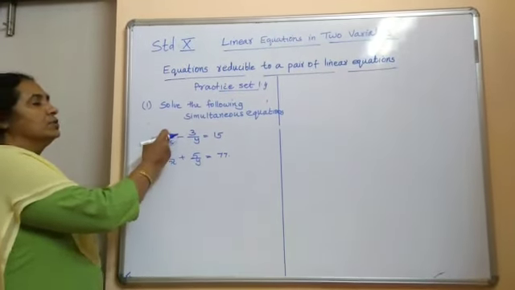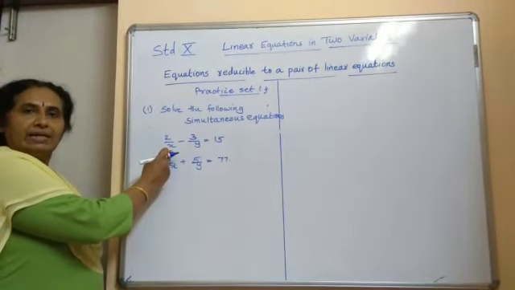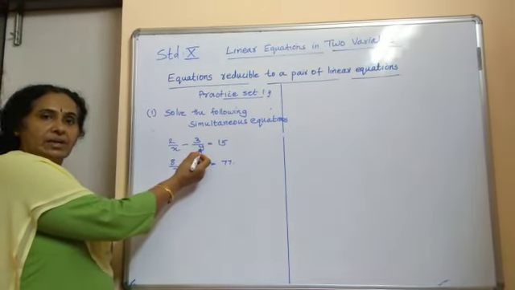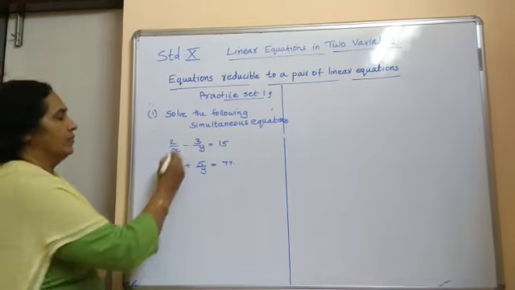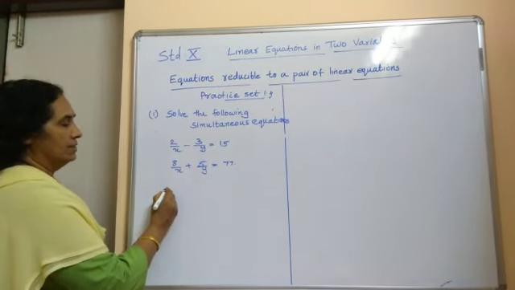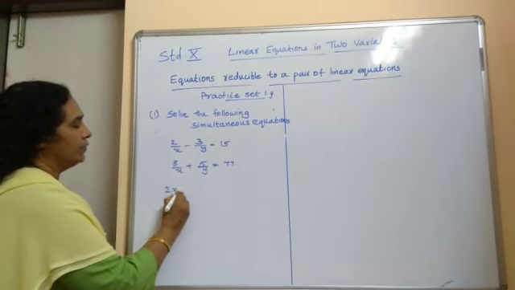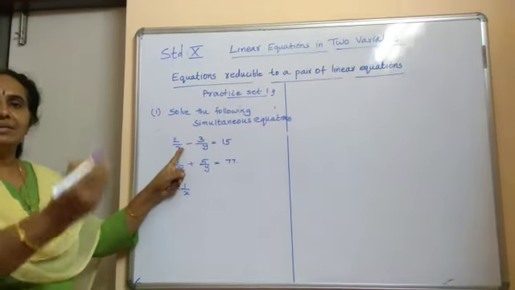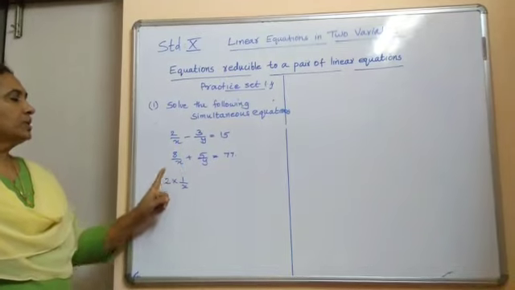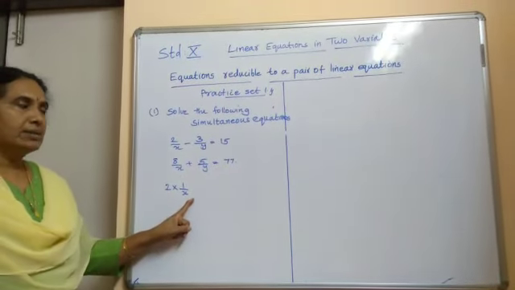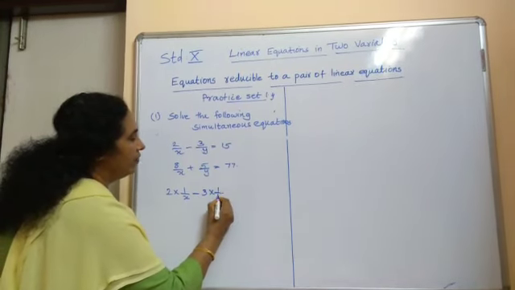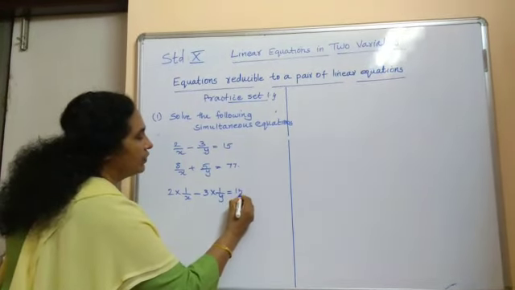Now here in 2 upon x, the variable x is in the denominator and the variable y is also in the denominator. So we'll write the first equation as 2 into 1 by x, that is 2 upon x means separating the variable. 2 into 1 by x minus 3 into 1 by y is equal to 15.